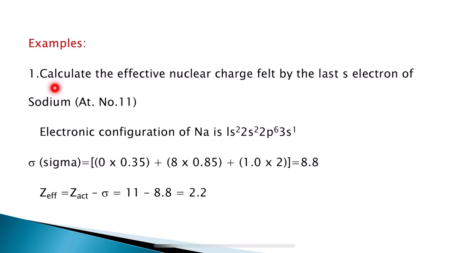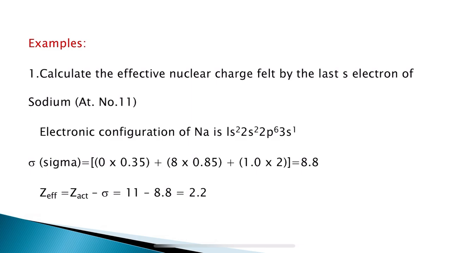So here the first problem says to calculate the effective nuclear charge felt by the last s electron of sodium. The atomic number of sodium is 11. Very first, to calculate our effective nuclear charge, we have to write down the electronic configuration of sodium, which is 1s2, 2s2, 2p6, 3s1.